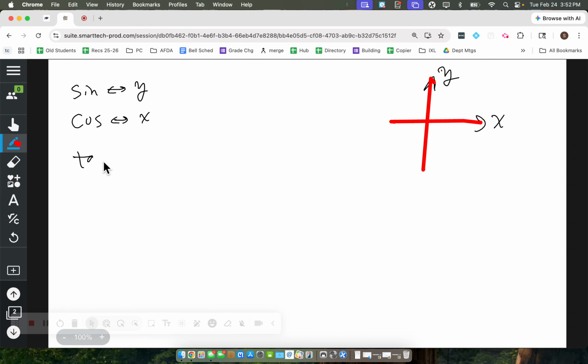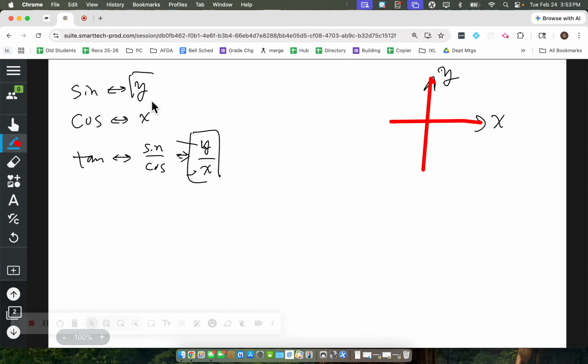And tan is really defined as sine over cosine, which now we know is associated, x is related to cosine, y is related to sine, and that's really what tan is going to be defined as.